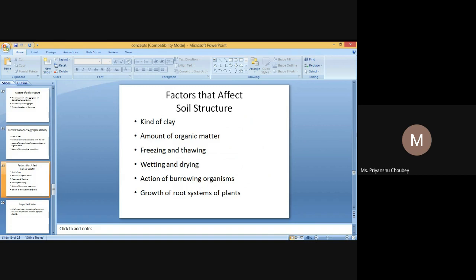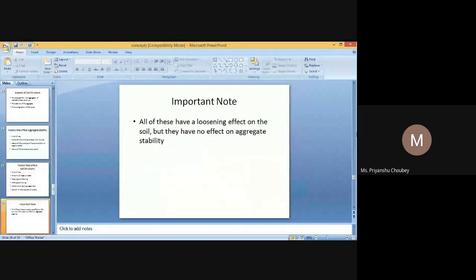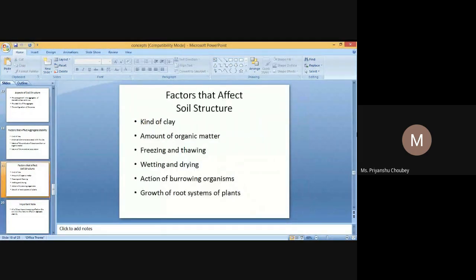Such colors are the result of oxidation and reduction. Iron is the main substance affected by the process. If the iron is reduced in an anaerobic environment, then it stays in the reduced state, giving the gray-blue color of the waterlogged soil.